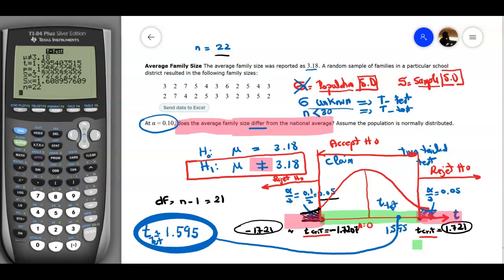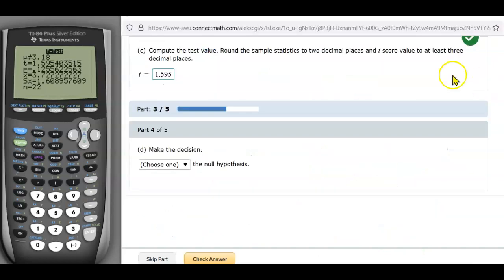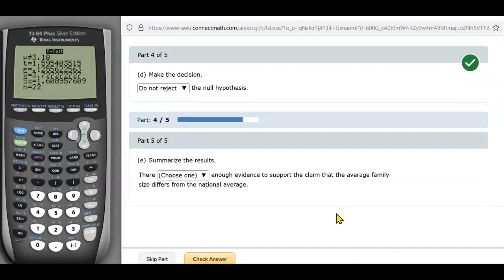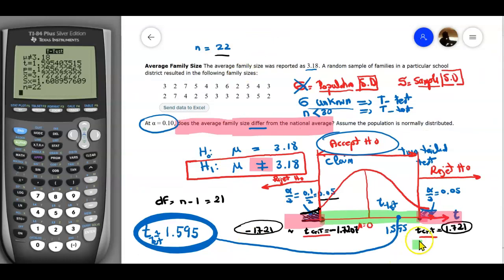Obviously you are within the green zone, which means you are accepting H0 or do not reject H0. All right, so that's how you make a decision. Okay, let's go back. We do not reject H0. Check the answer.